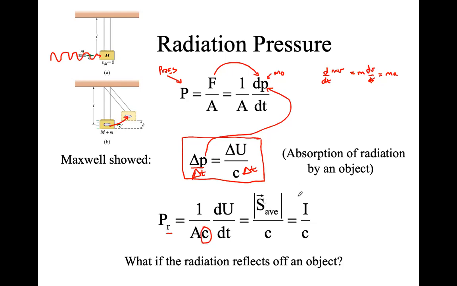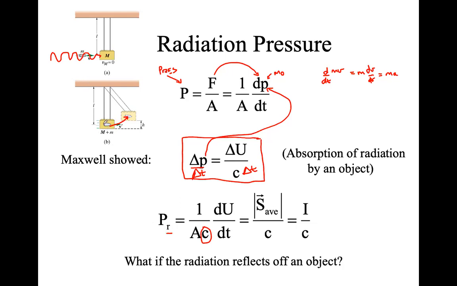And so if the wave is absorbed by, say, this mass here, it feels a radiation pressure that's exactly equal to the intensity, the magnitude of the Poynting vector, divided by the speed of light. Interesting. Okay, and now here's the next question. What if the radiation reflects off the object?